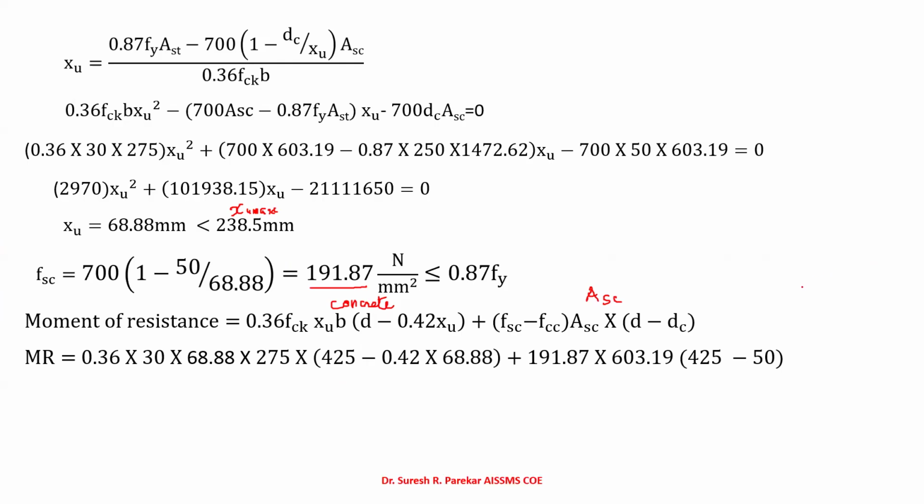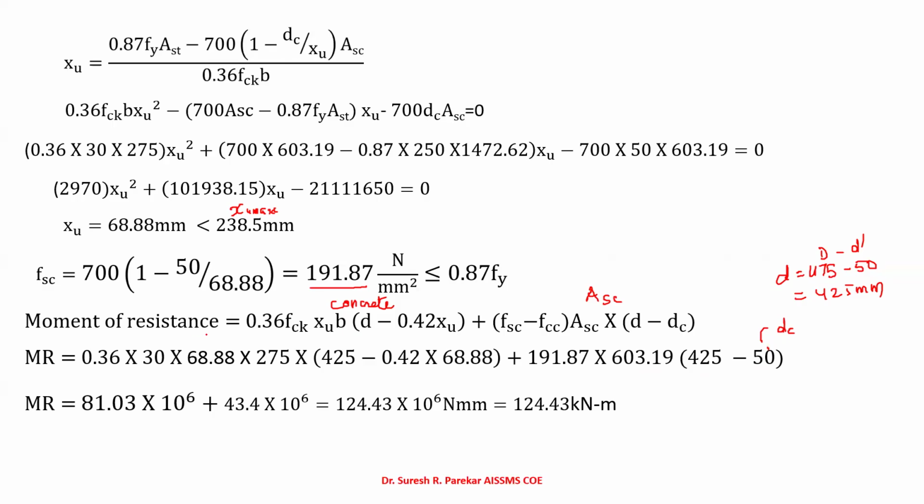This is 475, which is capital D, minus d dash, we have 50, and we will have this value 425. And then 425 minus this is dc. So we have both covers generally same. And by this we will get concrete contribution as 81 kilonewton meter and steel as 43.4. So total 124.43 kilonewton meter.